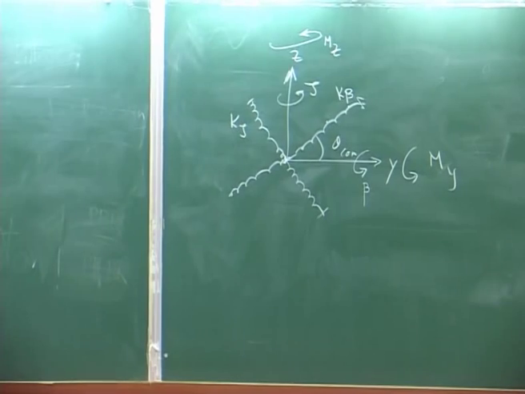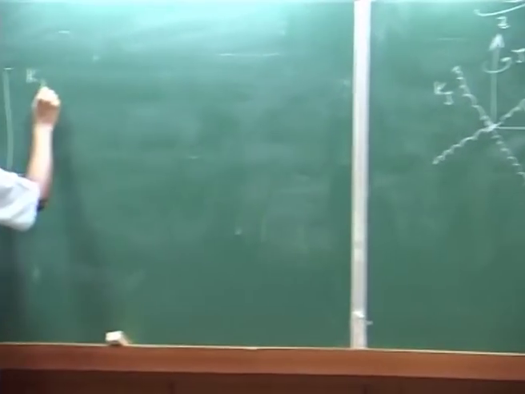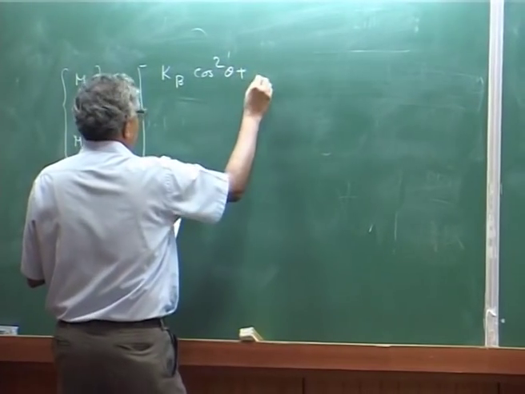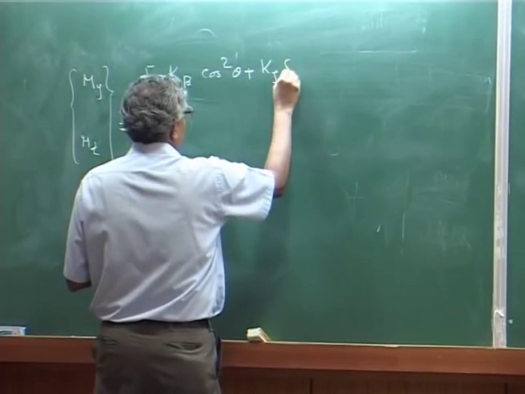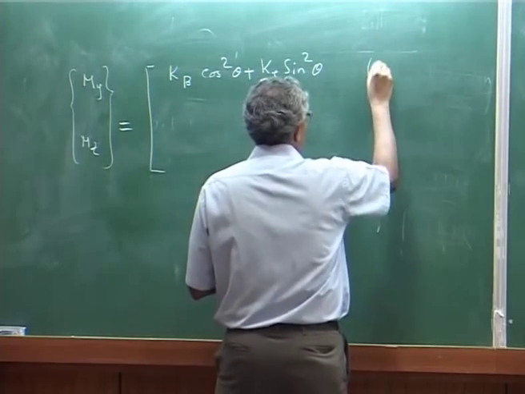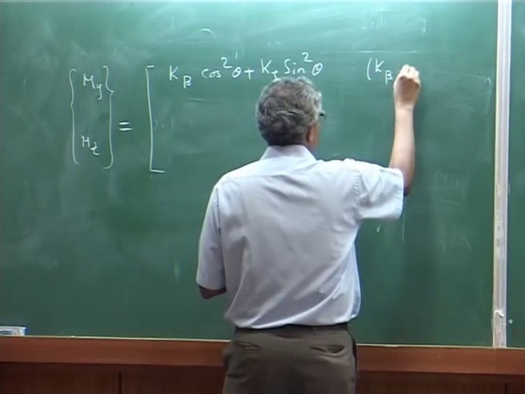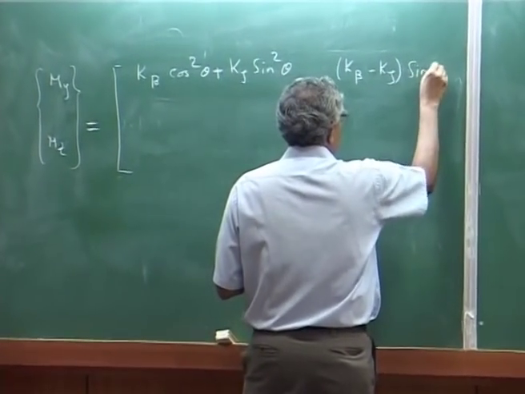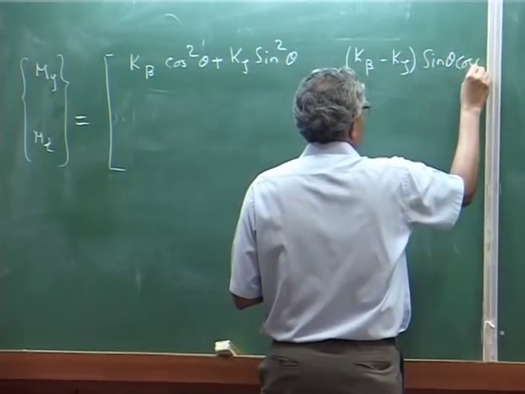Okay. So, K beta cosine square theta plus, if you are interested, you try, you derive yourself, it is not very difficult, because I want to discuss this cosine theta.